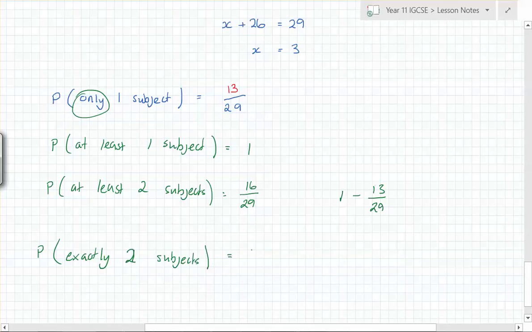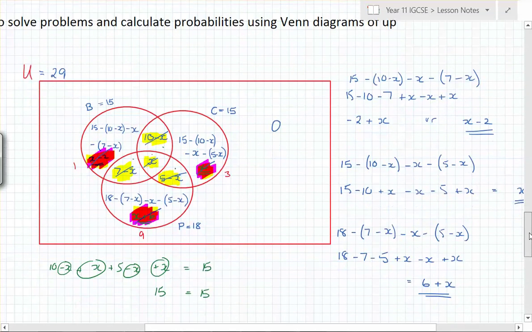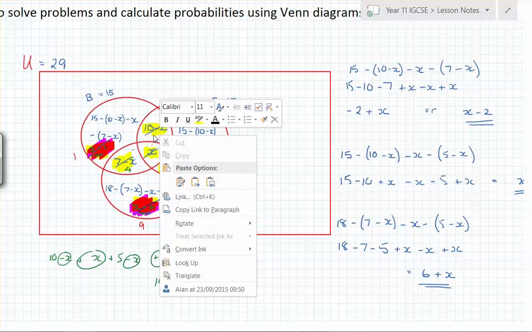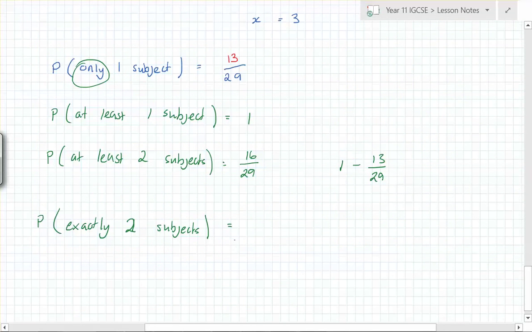Okay, what's the probability of exactly two subjects being studied? So we've got here 4, 2, and 7. Okay, 4, 2, and 7, which makes 13. So again, 13 out of 29.